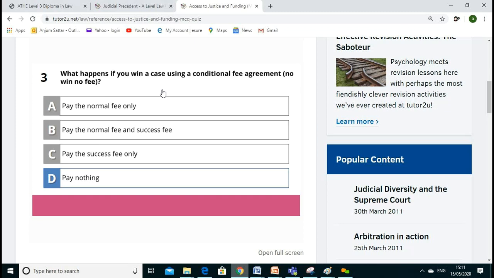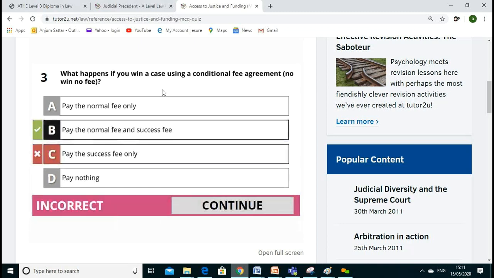So which one do we think, A, B, C, or D? Pay the success fee, C. It should be B: you pay the normal fees plus success fees. Because it's a solicitor firm, they can earn more money.